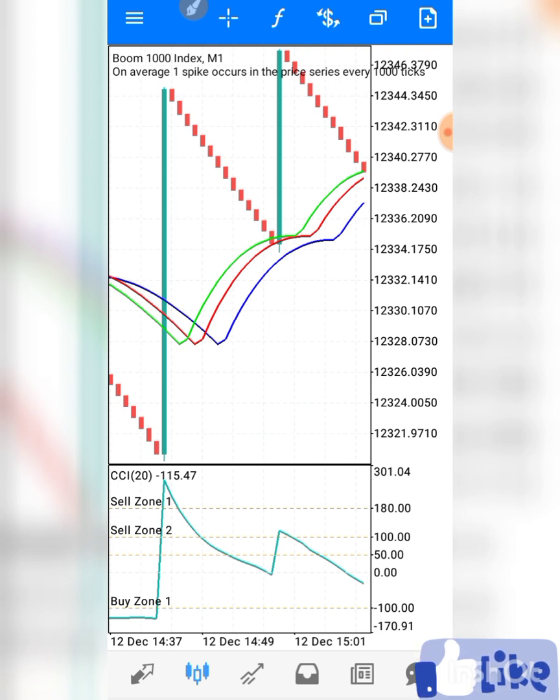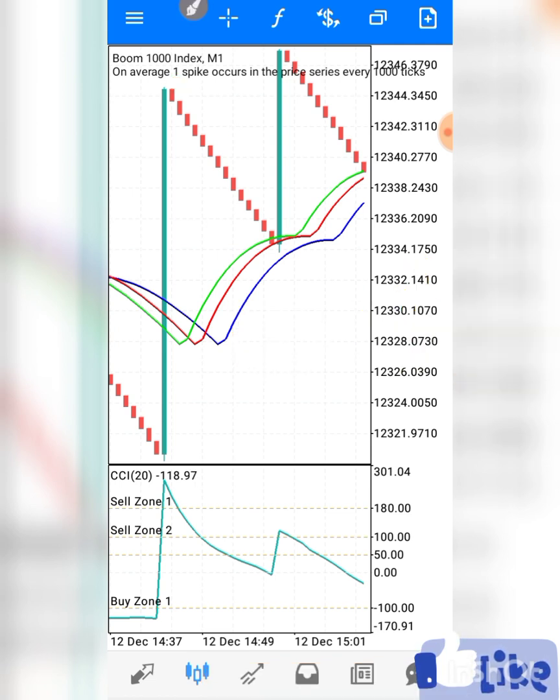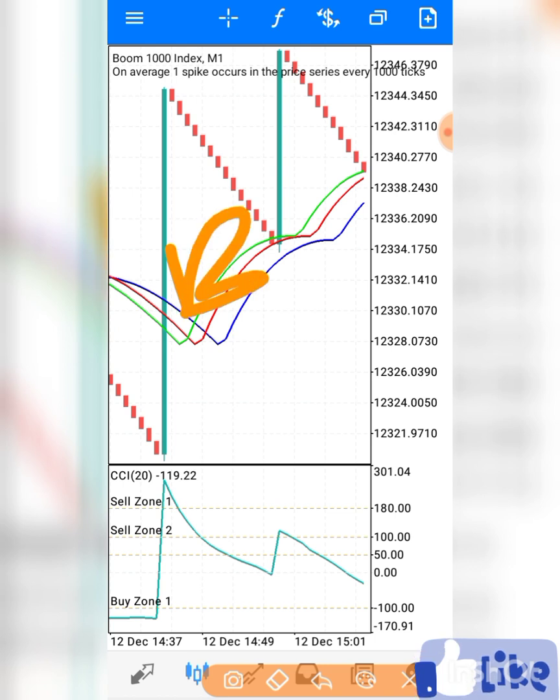And one key thing, you see, those that left will not get this. One key thing here is if you are scalping boom and crash, you want these short candles, please focus on the boom 1,000 and crash 1,000.